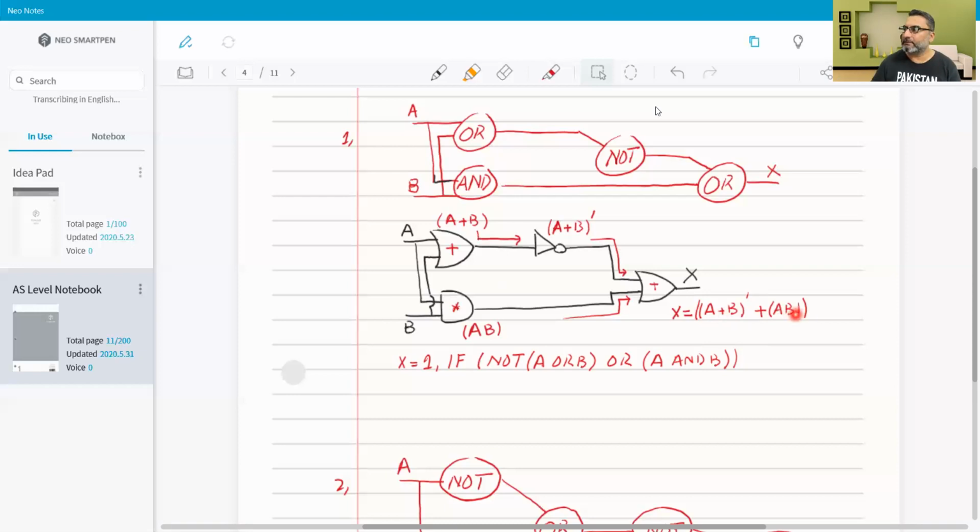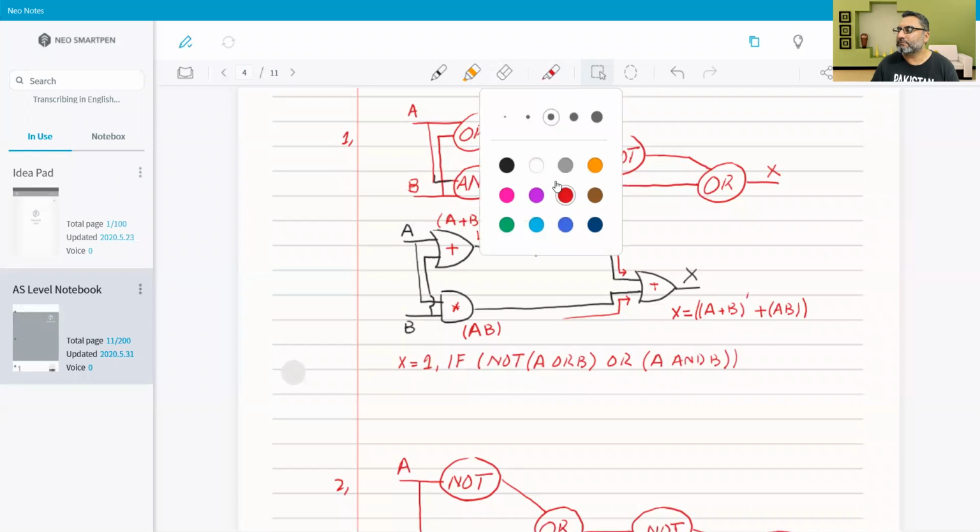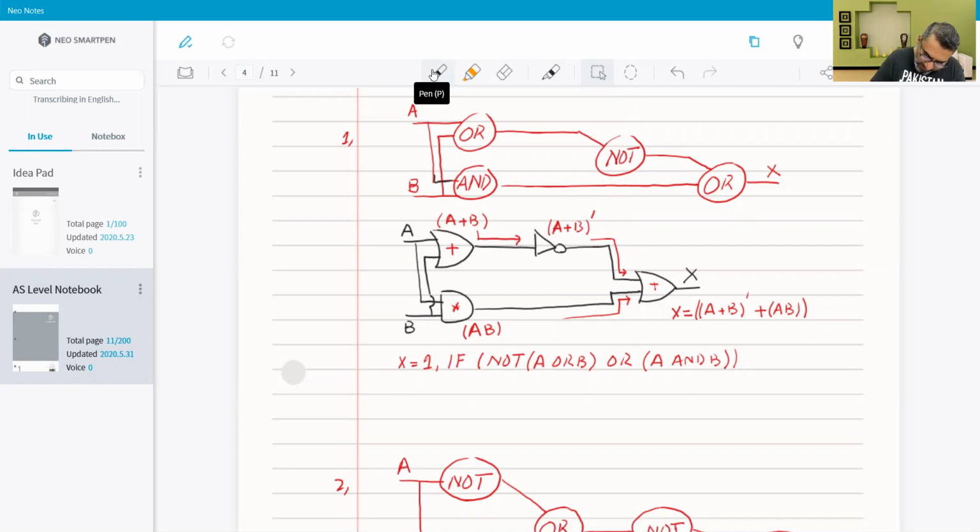There is another way of showing this, which is X is equal to 1 if not A is equal to 1 or B is equal to 1, or A is equal to 1 and B is equal to 1.